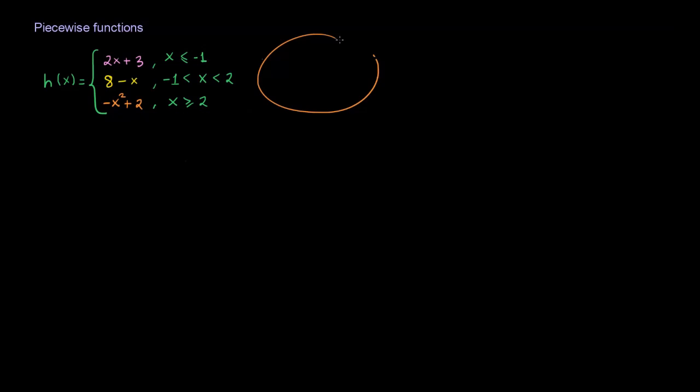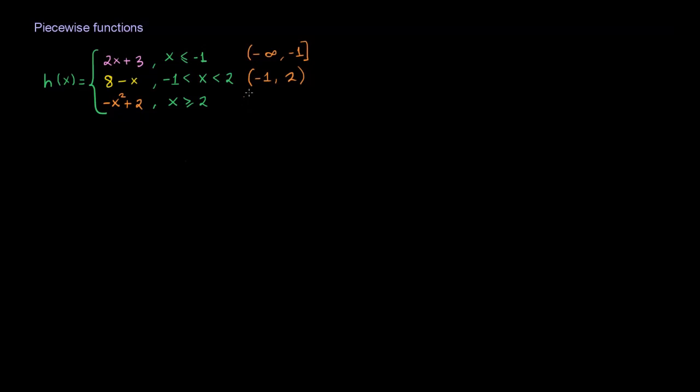Now here on the right, I'm going to write these intervals in this other notation, which I think you're more familiar with. This one is from negative infinity until -1 included, because we have the less than or equal to symbol. This interval is the same as saying from -1 to 2.